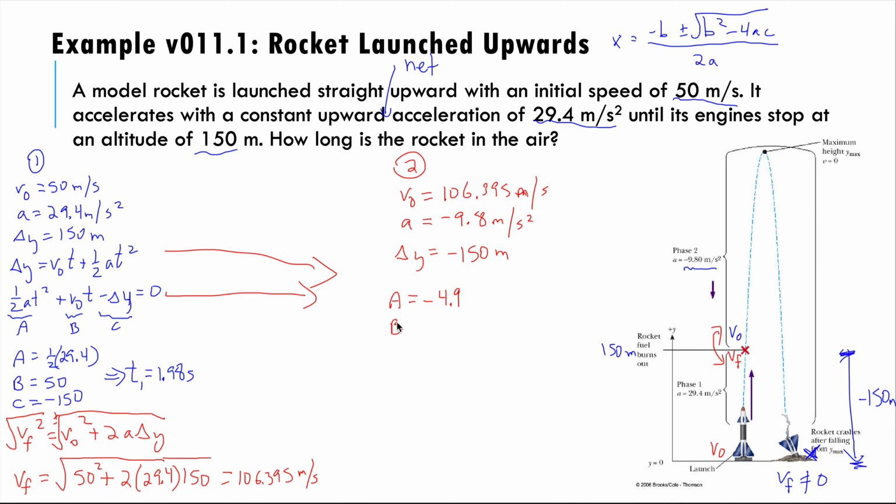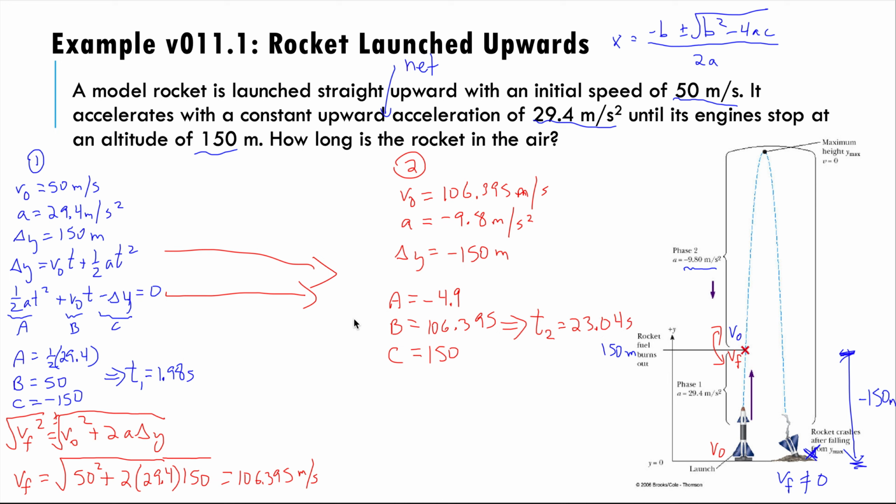B is going to be initial velocity, 106.395. And then C is going to be negative delta y, so negative times negative 150 is positive 150. Going to plug these 3 numbers into the quadratic formula, and we're going to get t2, the second phase, is equal to 23.04 seconds.